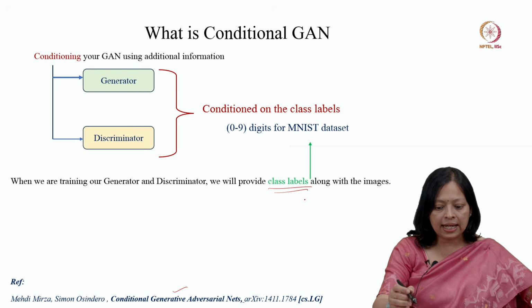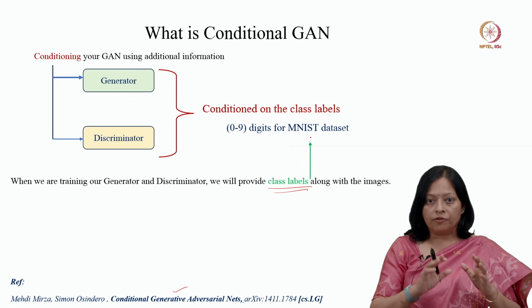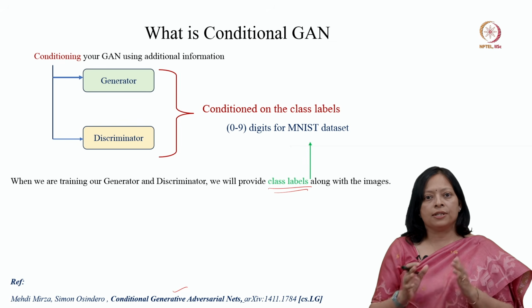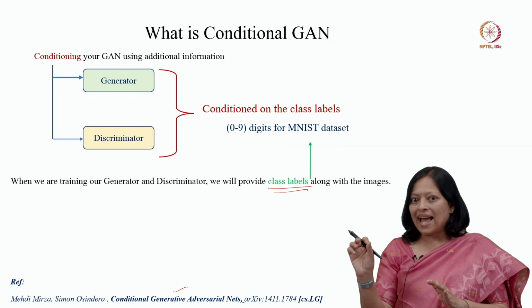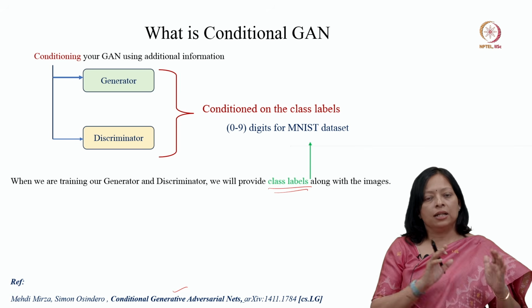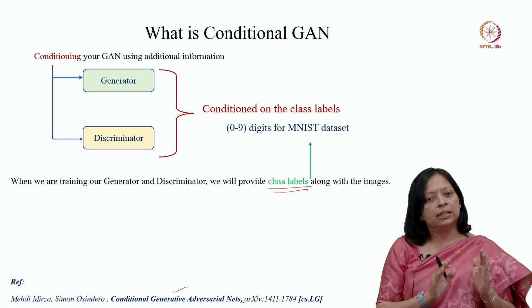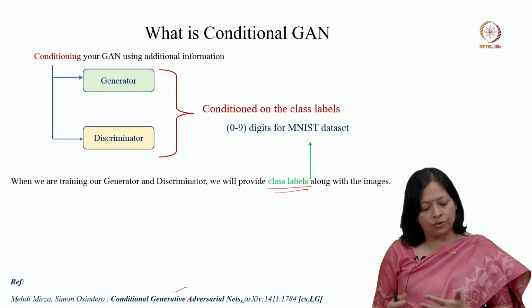And as I was telling, the class label will come from the MNIST data set. So, if the image is of the digit 0, I will tag it as 0. Okay. So, that information will be fed to the generator as well as the discriminator during the training process.